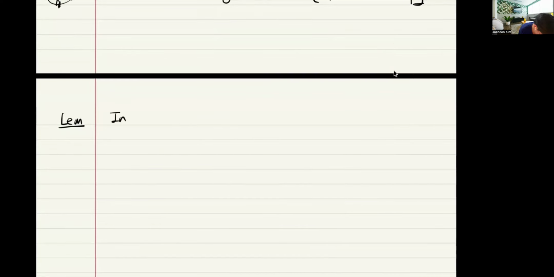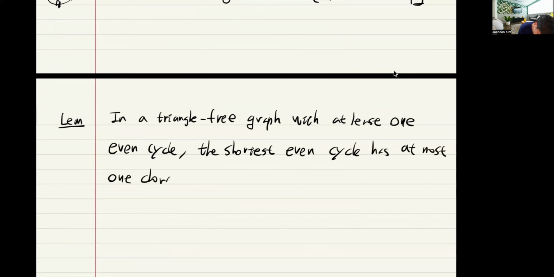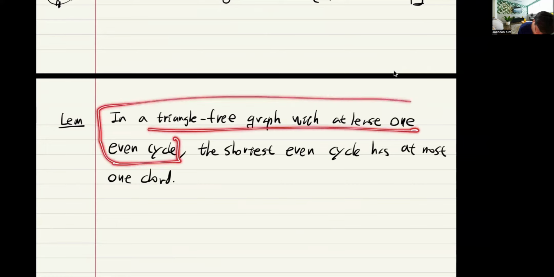We can prove this in a triangle-free graph which has at least one even cycle: the shortest even cycle has at most one chord. Why do we care about this triangle-free graph with at least one even cycle?